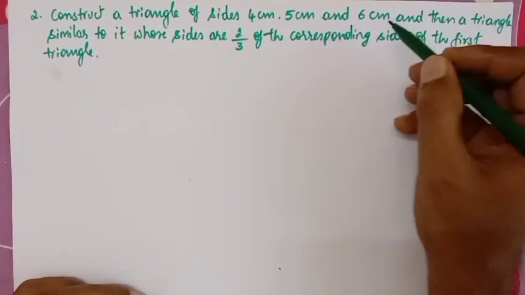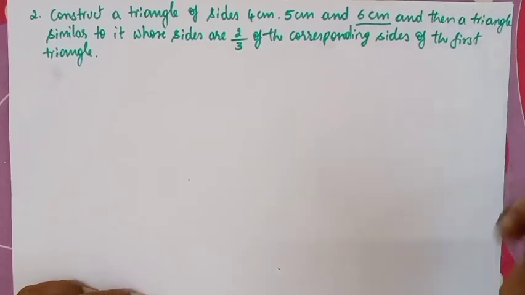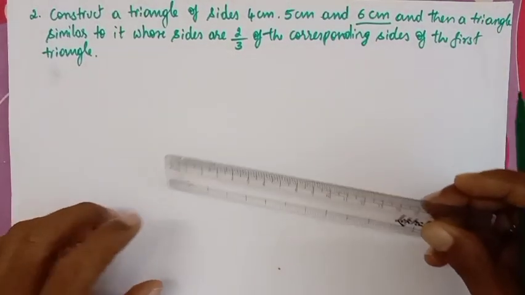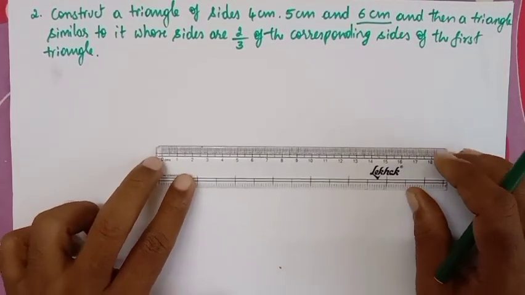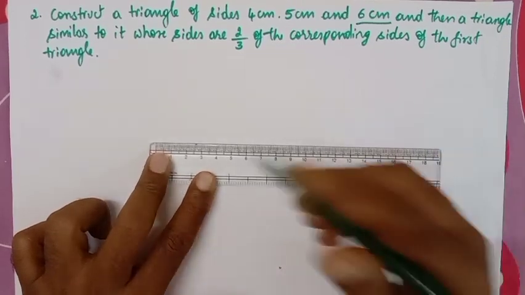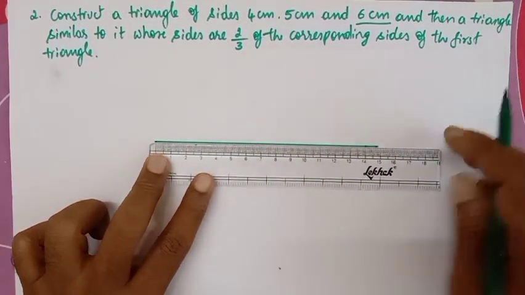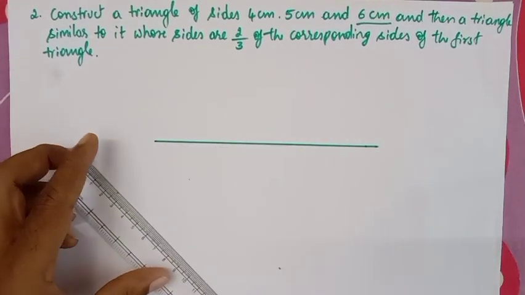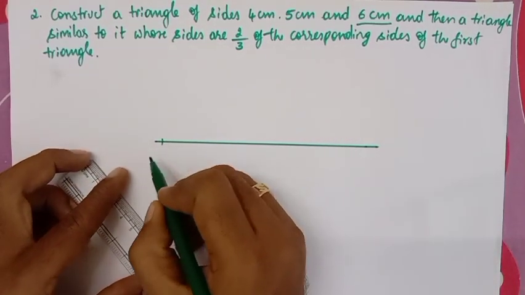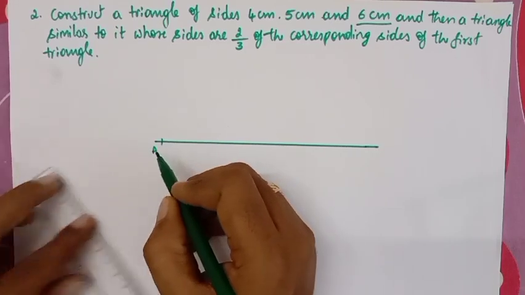Let us take the bigger side. So before that, let me draw a straight line and then mark a point as A.